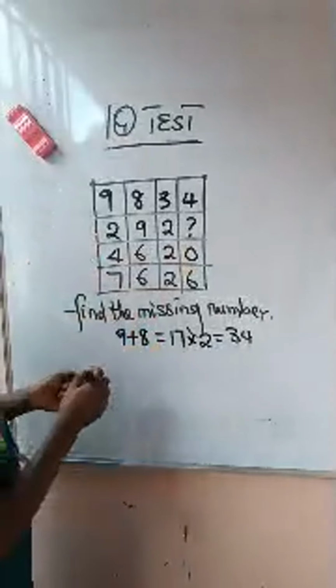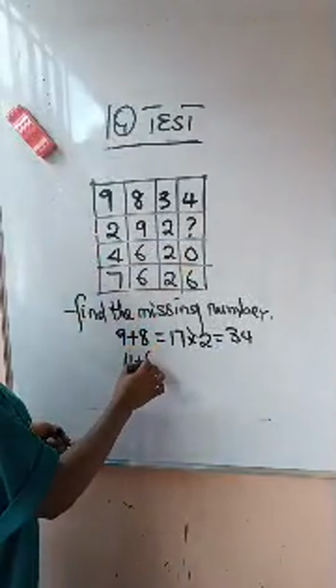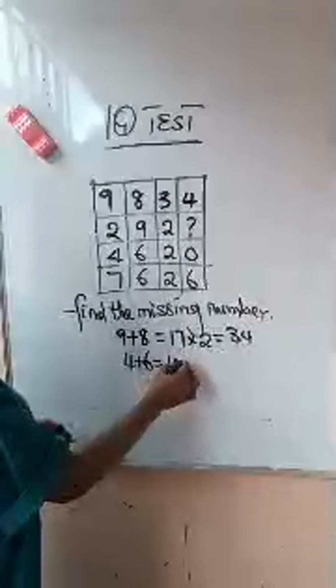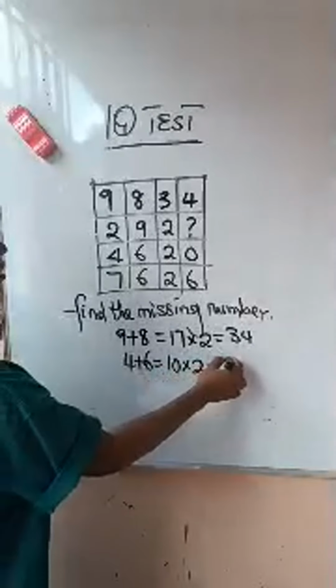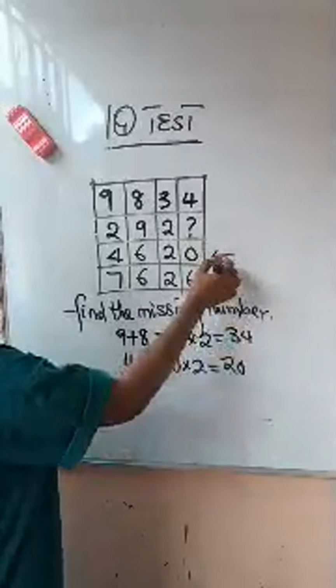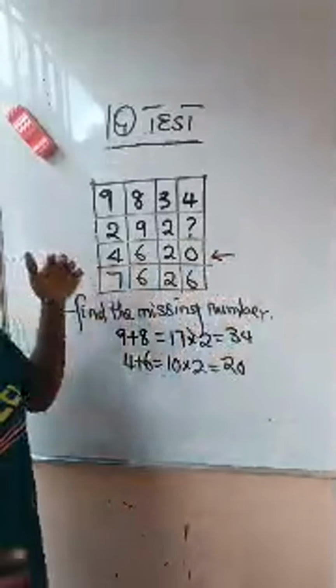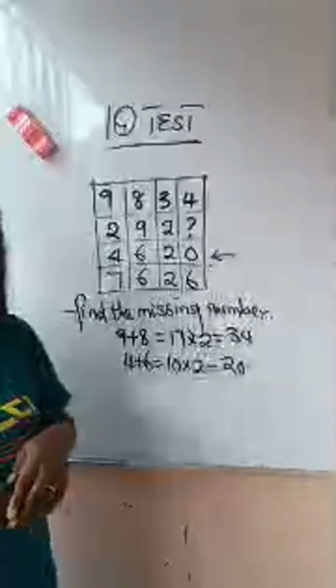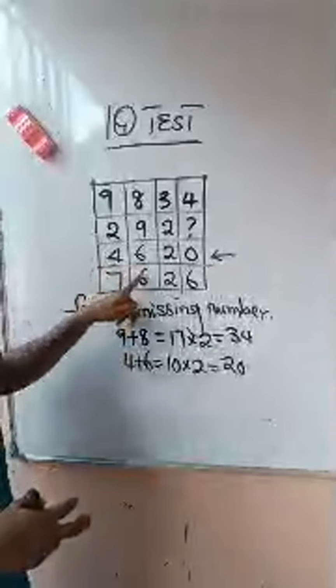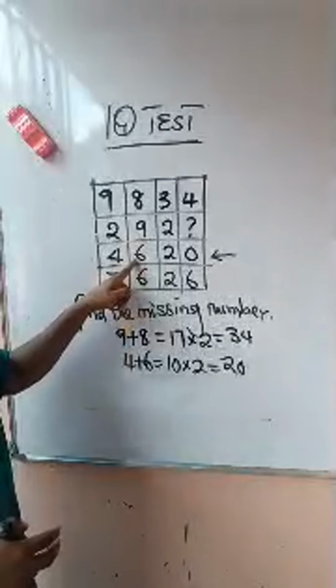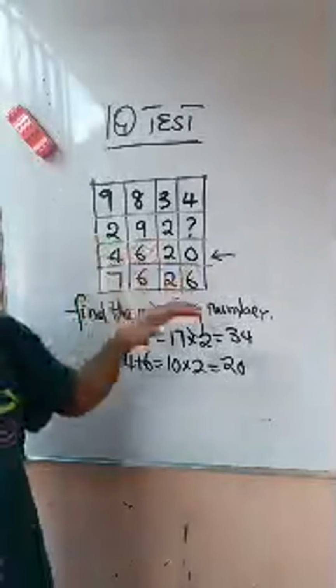Let's confirm this. 4 plus 6 is 10. 10 multiplied by 2 is 20. This is the weakest row in this question. When you look at this row very well, you might have guessed the pattern from it. Because you have 4 and 6, which give you 10, and you have 20.